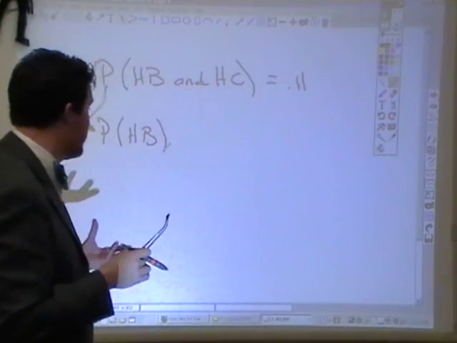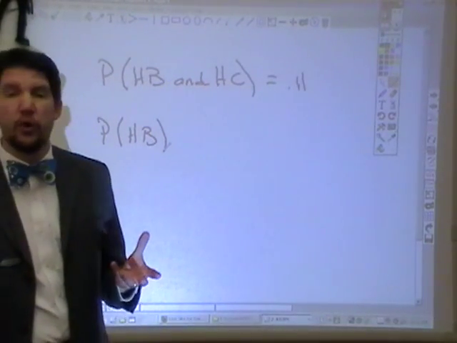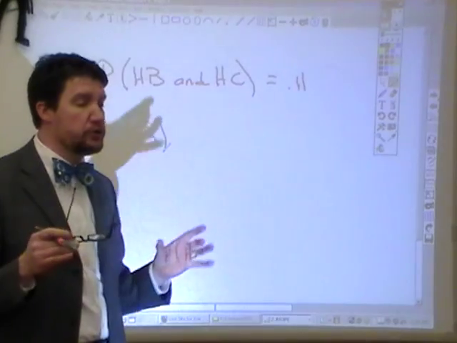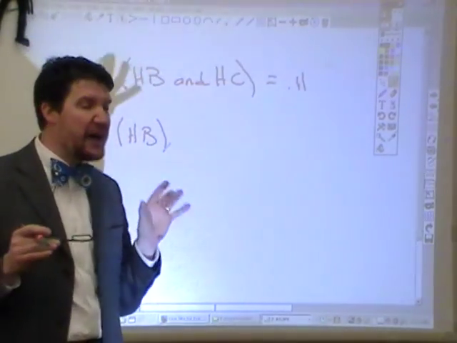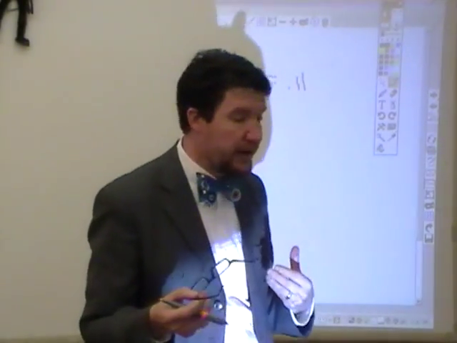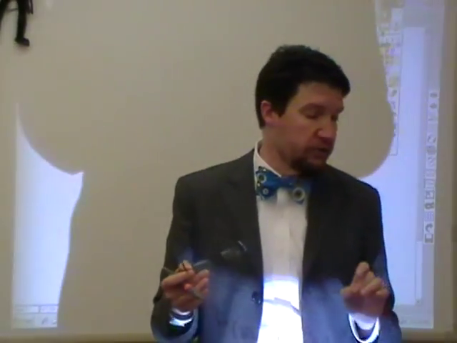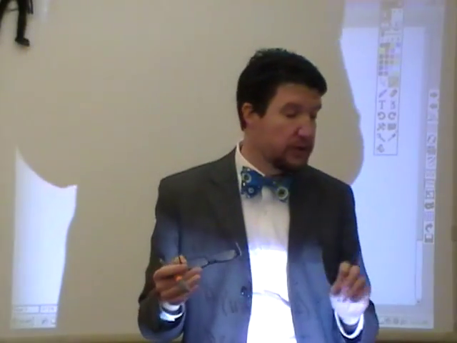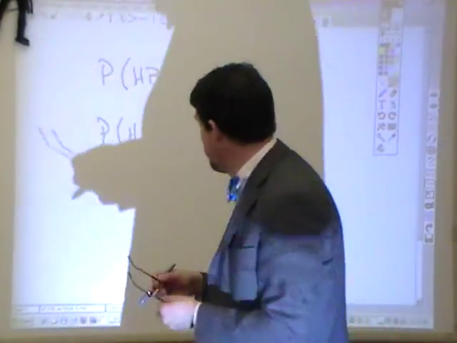What's not given in the table, again, are those totals. We're talking about the probability that he has high blood pressure, which would be the total of high blood pressure. So I can add those two values together, and 0.11 plus 0.16 is going to be 0.27. So this is 0.27.